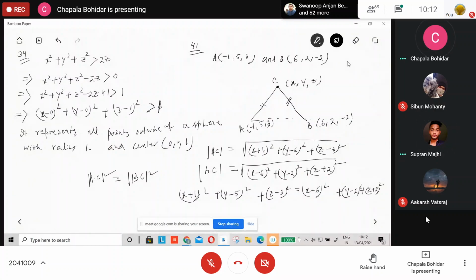Very good. After simplifying, we will get 14x minus 6y minus 10z is equal to 9. Clear? So it is over.